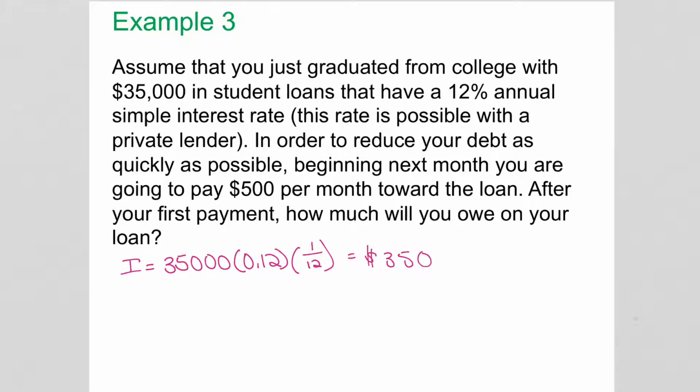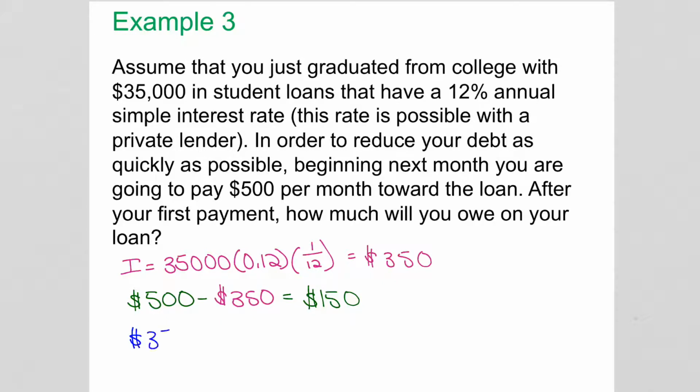So, after you've paid interest, you're paying $500 for your payment, subtracting off the interest. $150 is what's being subtracted from your principal.